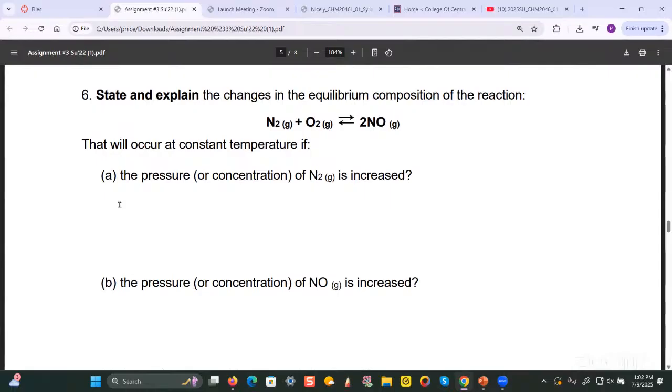In A, if you increase the pressure or concentration, same thing, of nitrogen, which direction will the system shift to? Okay, so shift to the right. So explain that using Le Chatelier's principle.